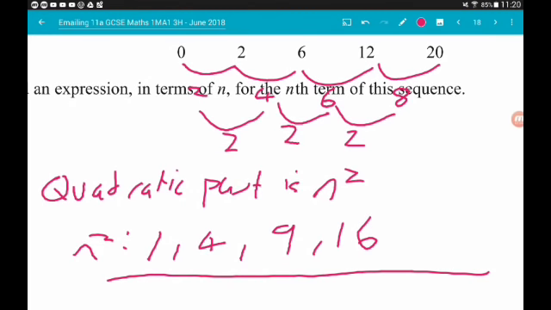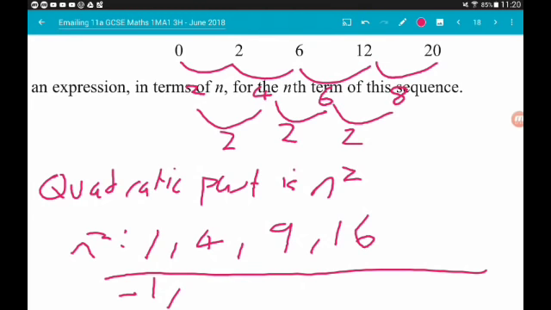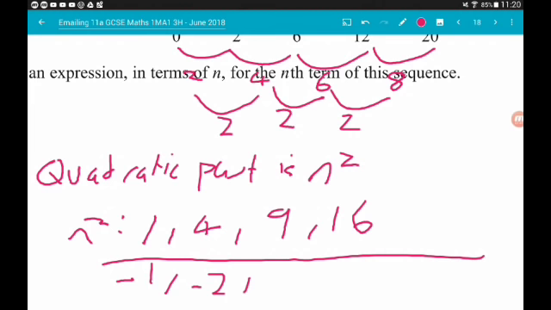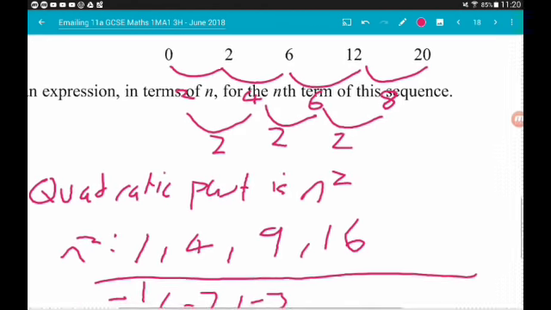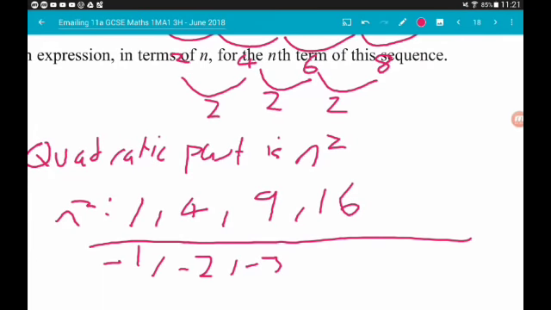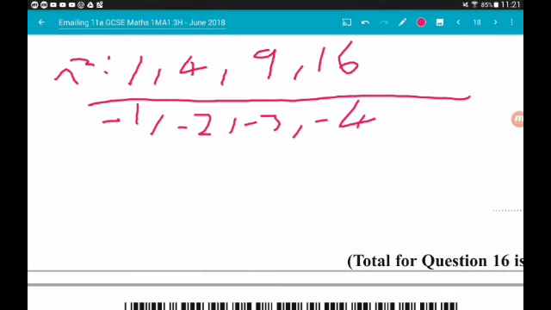So 0 minus 1 is minus 1. 2 minus 4 is minus 2. 6 minus 9 is minus 3. And 12 minus 16 is minus 4. So this has given us the first 4 terms of the linear part of the sequence.